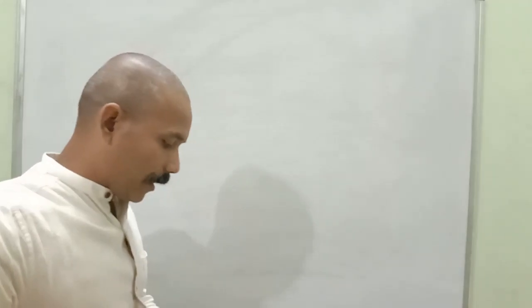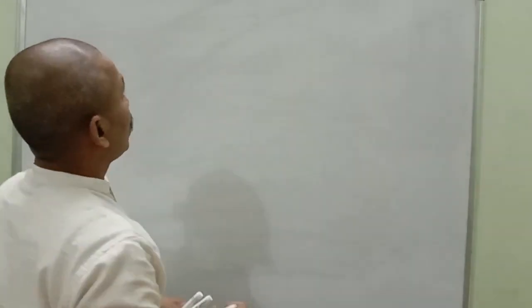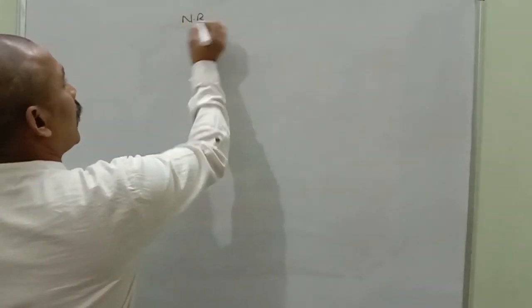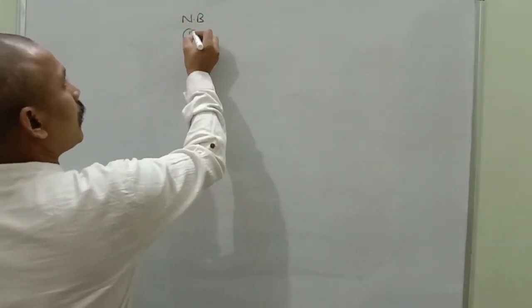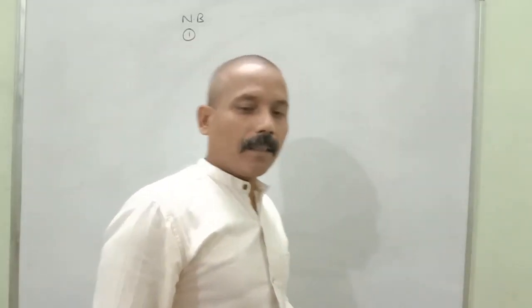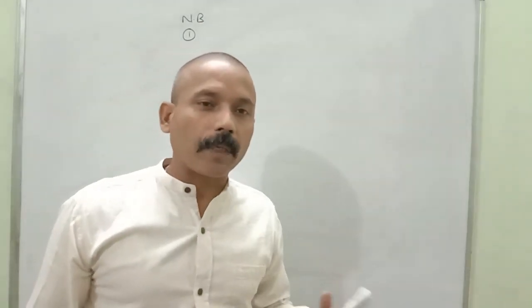Yes. Now look here. After this article, we have the following note points. N.B. means note point, nota bene. This is the Latin notation, which means note point. That is the important point of the topic.